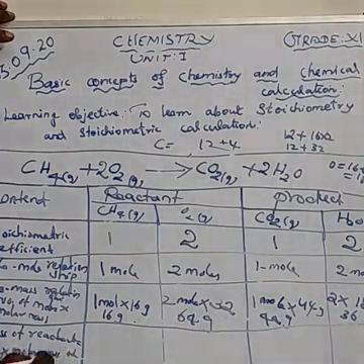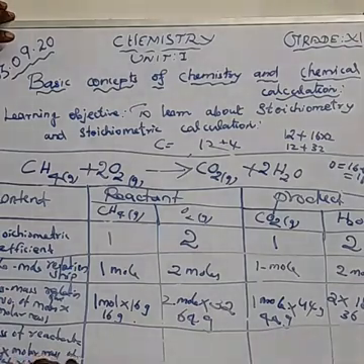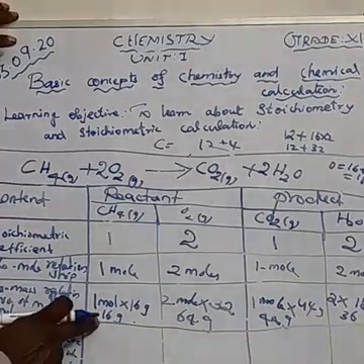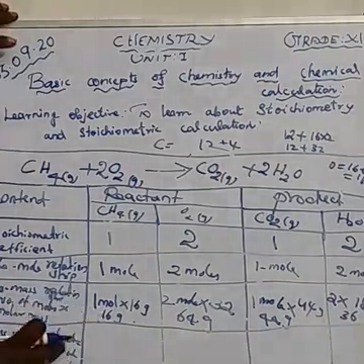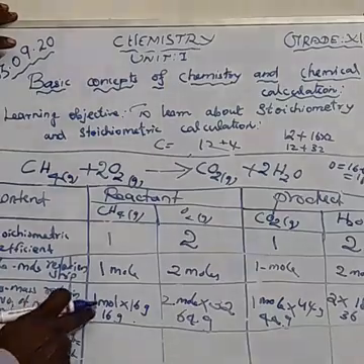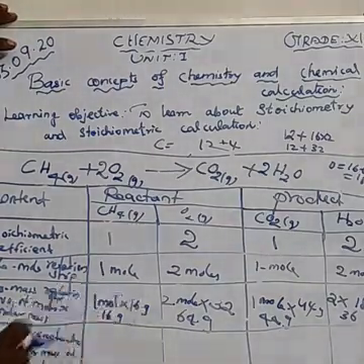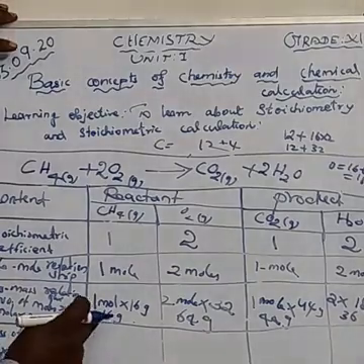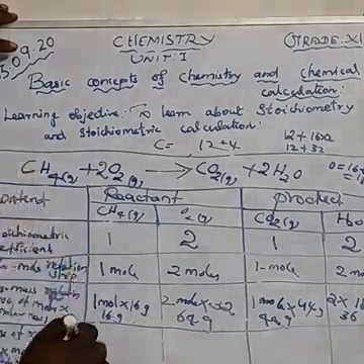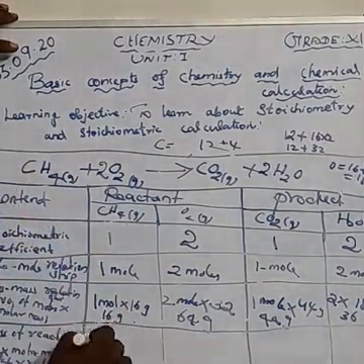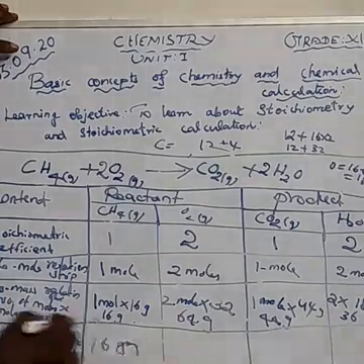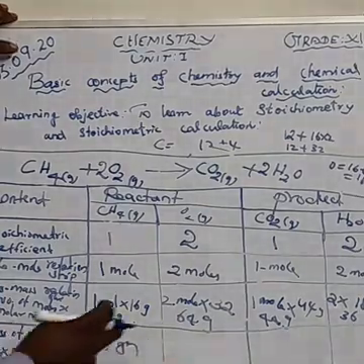Okay, that is also the same. Mass of the reactant: 1 mole into molar mass is equal to 16 gram. 1 into 16, 16 gram. Okay.